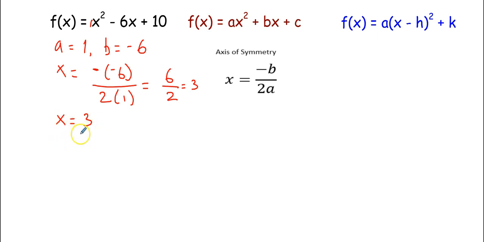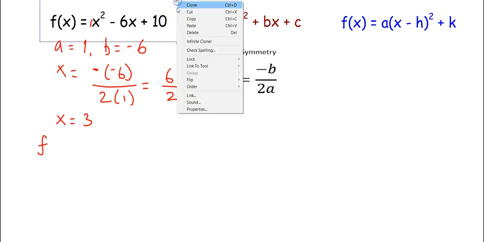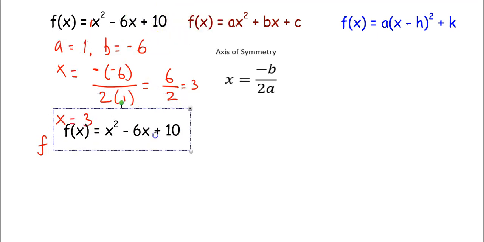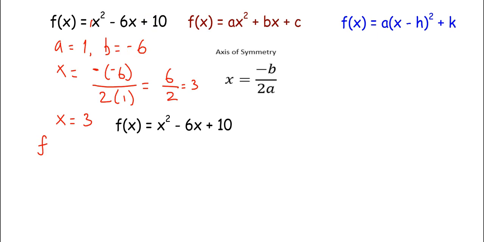Now, find the value of the function f of x for x is equal to 3. That is, substitute 3 for x. Alright. Now, f of 3, x equal to 3. This is 3 square minus 6 times 3 plus 10.